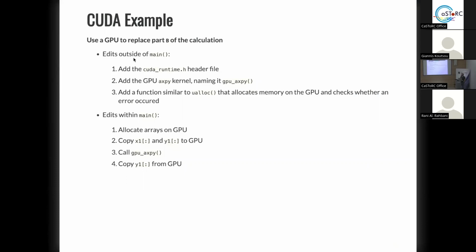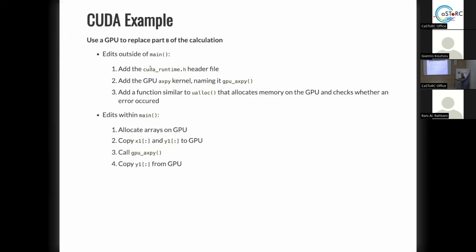We need to add a header file. Okay, that seems trivial. The second thing we need to do is add a kernel with this declaration __global__ that will do this AX plus Y operation, because we need to have a kernel that will be marked to run on the GPU, okay?